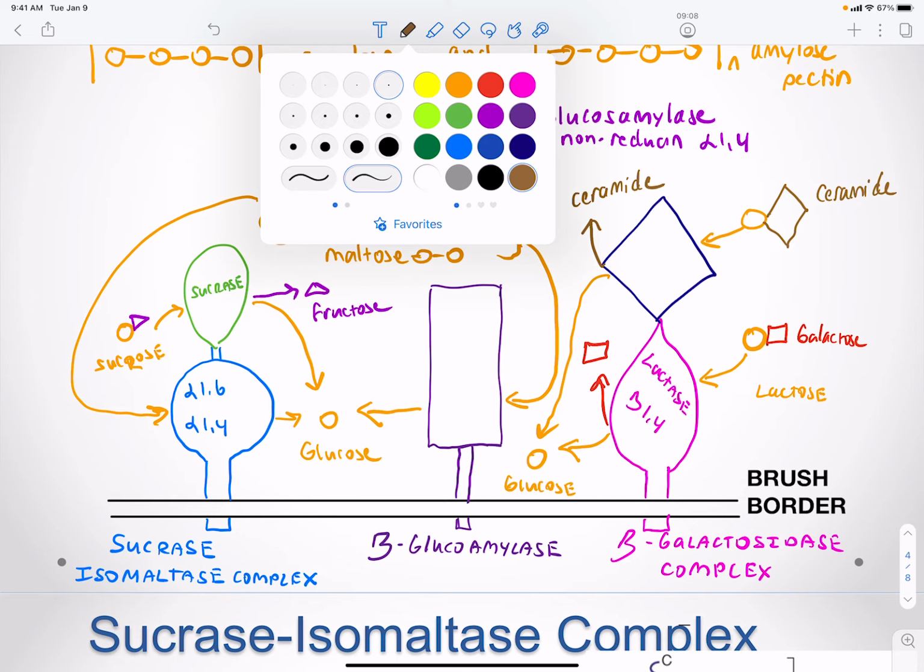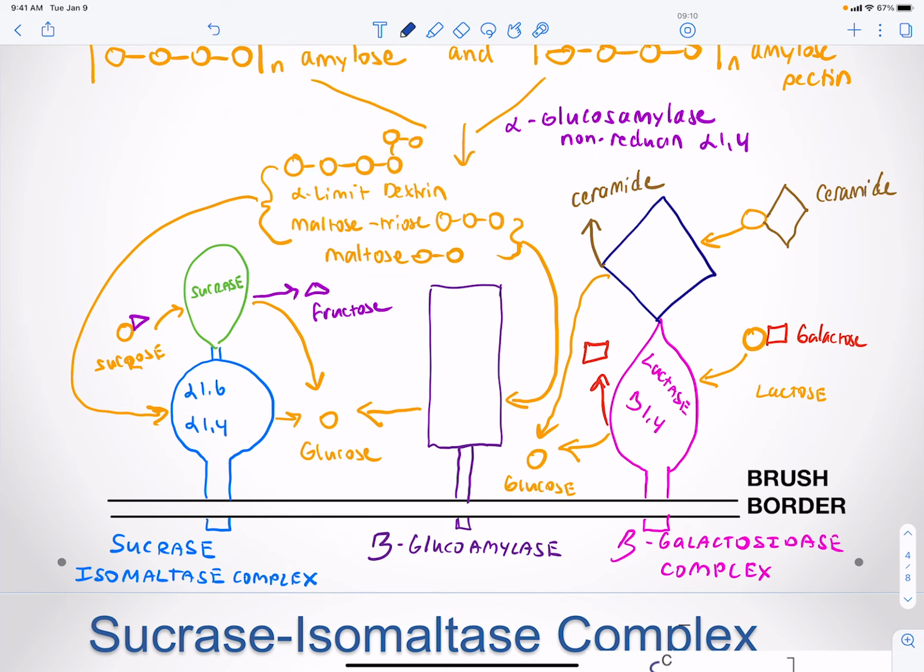Now this is given a name. And for it to be able to remove your lipids or your ceramides from your sugars, it's a phlorizin hydrolase.